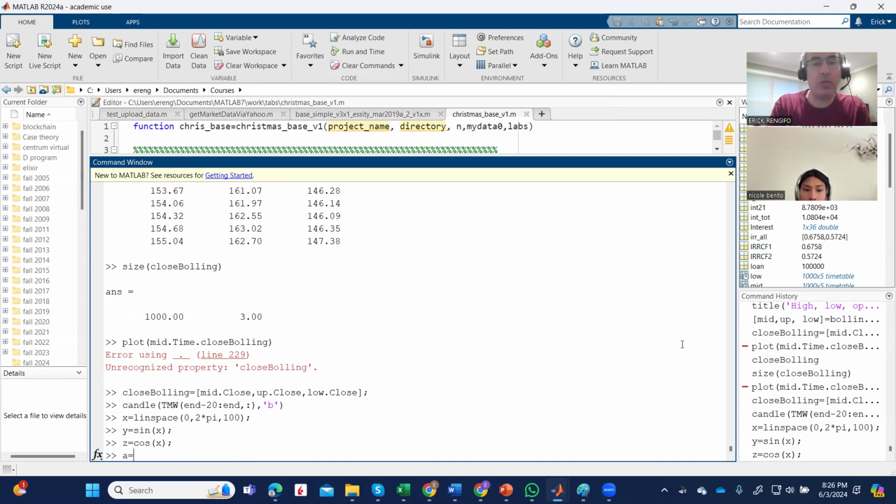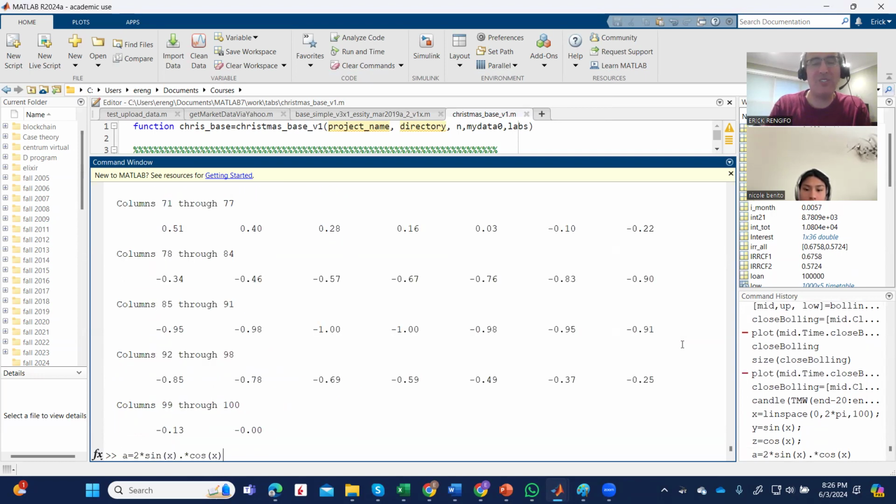And let's go to a equals sine of x times cosine of x. So let's call this 2 times, and this should be element by element. So let's create everything.